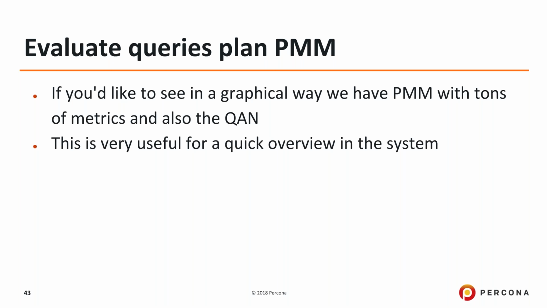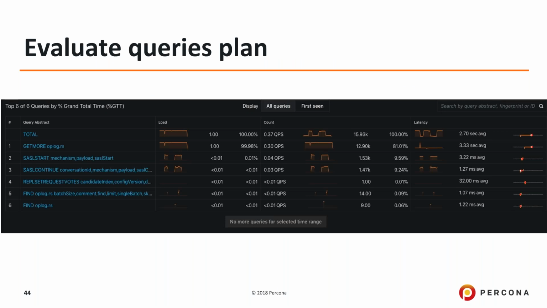But as I said, it's nicer to see this in a graphical way. And the Query Analytics plugin basically will do just that. So I actually did remember to put one example here of, we're basically using open source technology. So I think this is actually using Grafana as a front end to show us that data. And if we were to click on any of these singular options, we could break down further what they're doing.